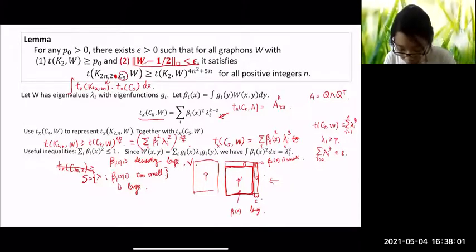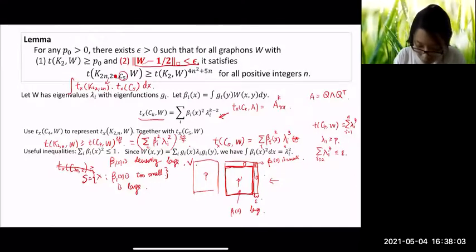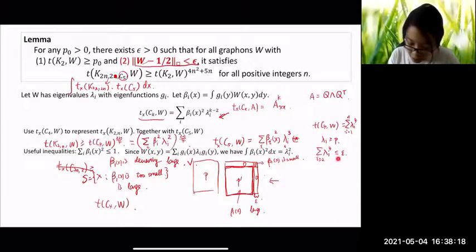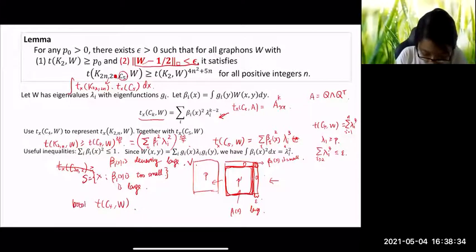This will give us a much larger boost in the C4 count of W, because the edge degree can be very small here, but very large there. So when you add them up, we get a boost compared to the constant graphon, and then we are still done in this case.